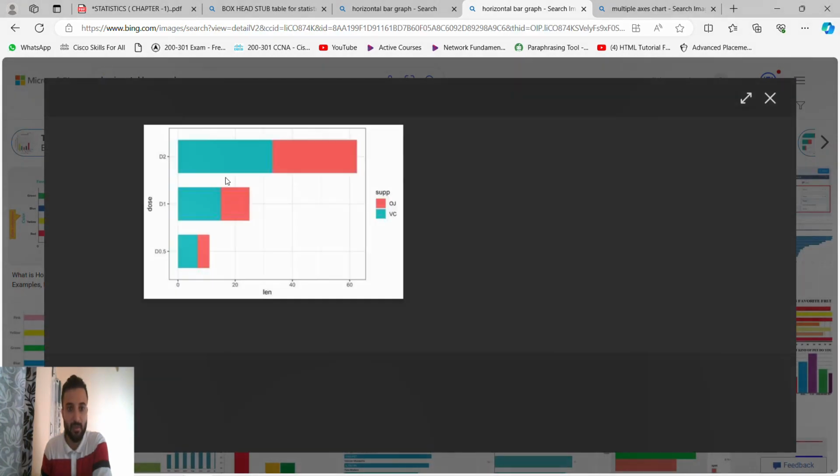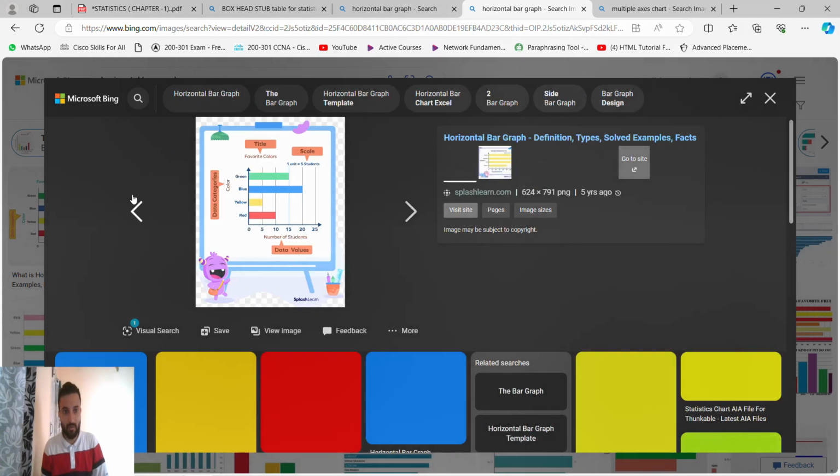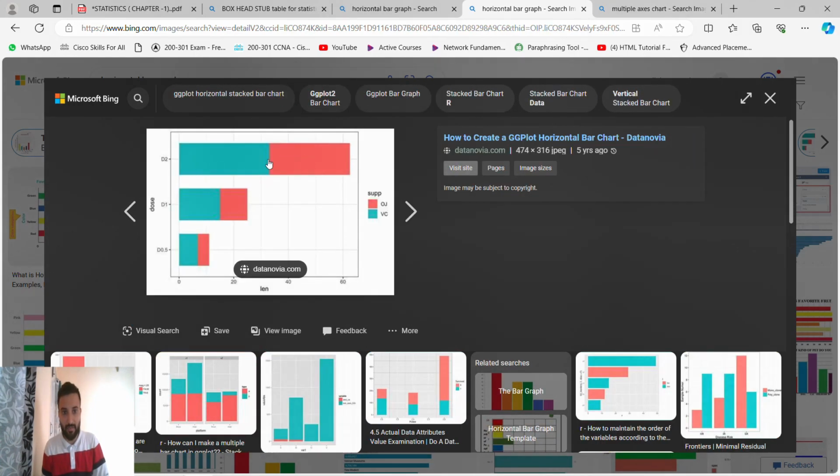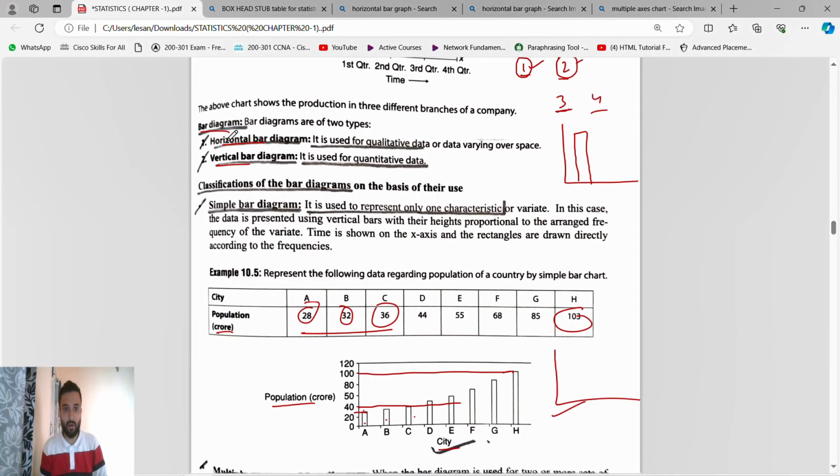Like this, see, it is horizontal, right? We know it is horizontal, it is vertical. So horizontal means along the x-axis, right? So this is a horizontal bar diagram, along the x-axis.